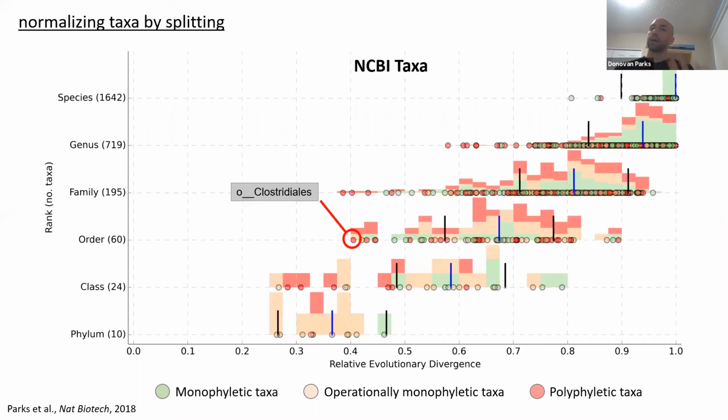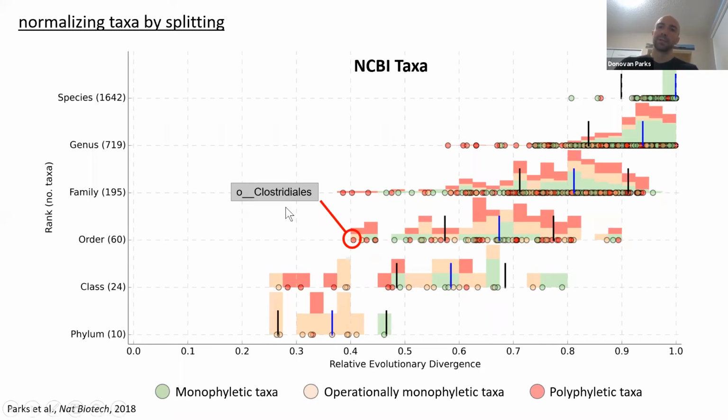The other way to resolve these RED outliers, as I described, is that you could take Clostridiales in this case and break it up into many different orders. Which of these two approaches we take is left up to the expert opinion of the GTDB curators, but often the data in the tree dictates the most obvious path forward.